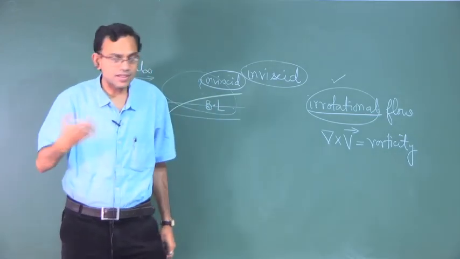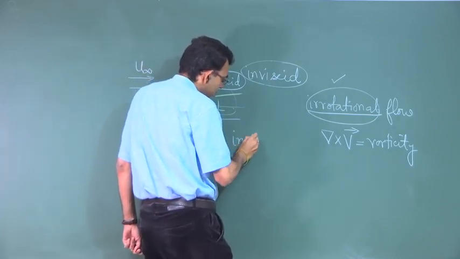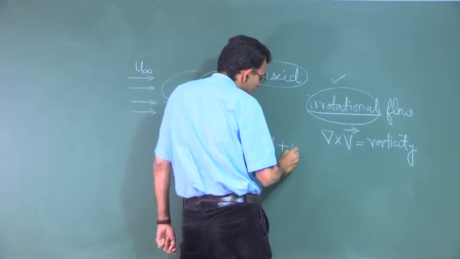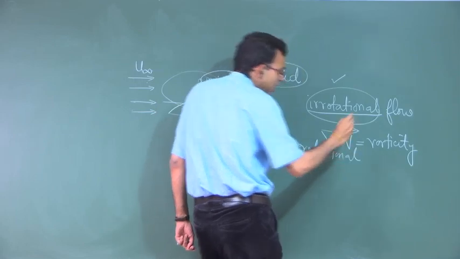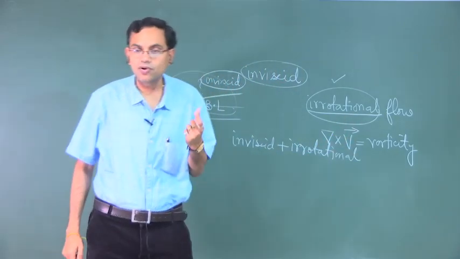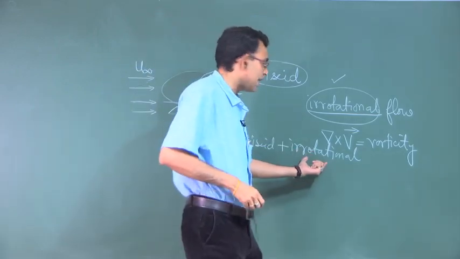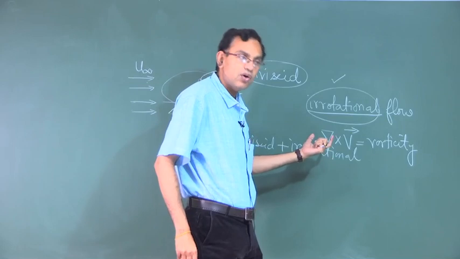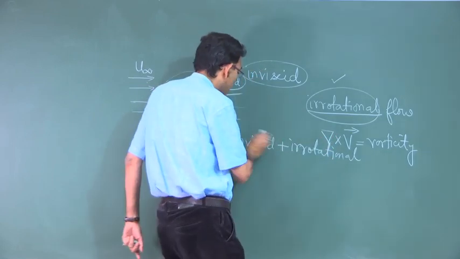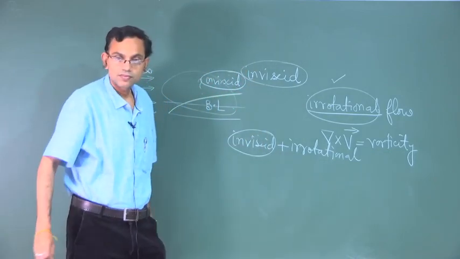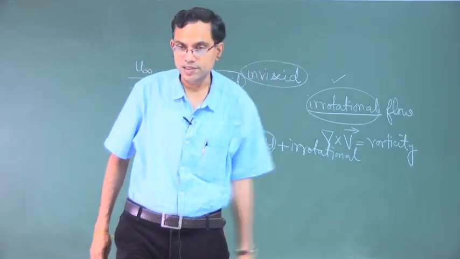So, with these considerations we can say that inviscid plus irrotational, not just inviscid or not just irrotational, this is the deadly combination that we are looking for, because if it is irrotational at the entry, it will remain irrotational at all other places where it is inviscid also.